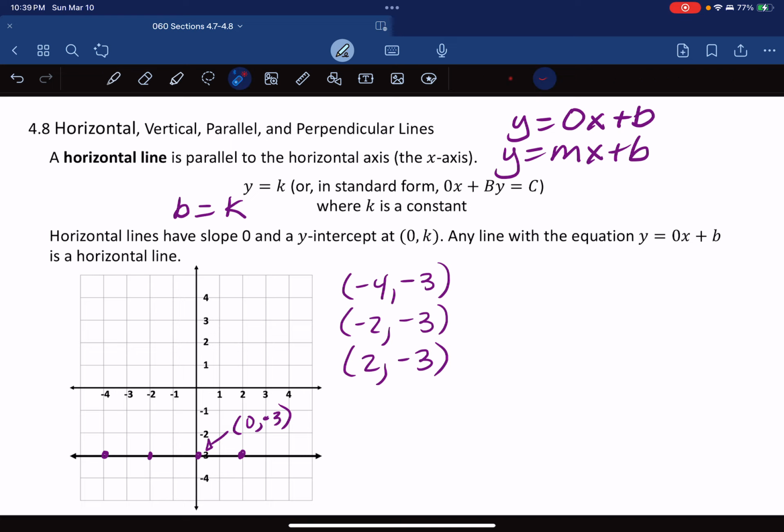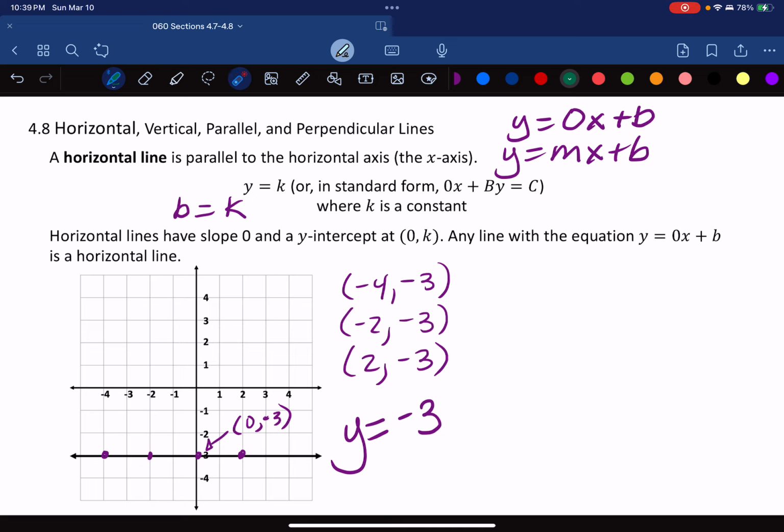They're both -3. So we actually know that the equation of this line is going to be y equals -3, because no matter what my x value is, my y will always be -3. And that just happens to be the equation of the line, y equals -3.